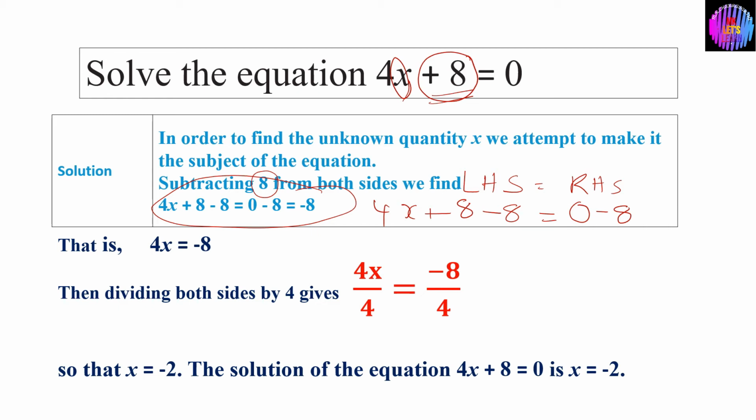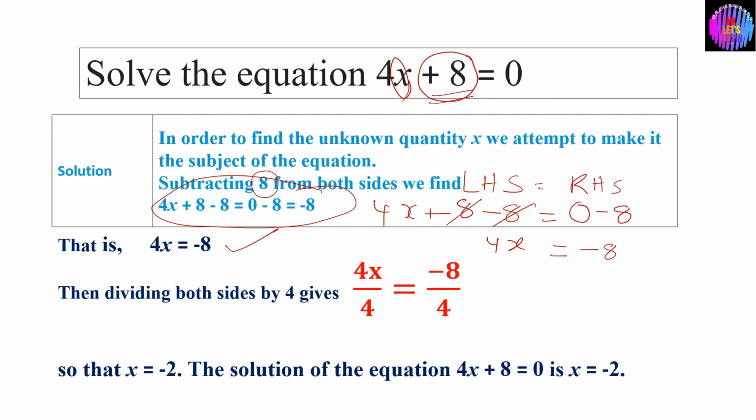Then plus 8 and minus 8 will be cancelled. Here 4x will be in the LHS, and under the RHS we get minus 8. So that is 4x is equal to minus 8.